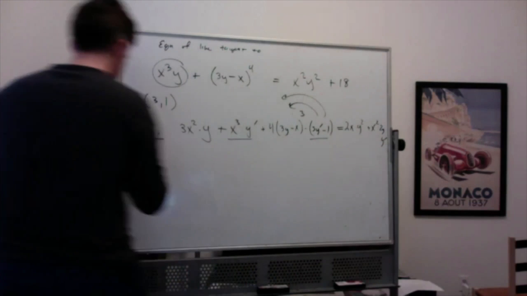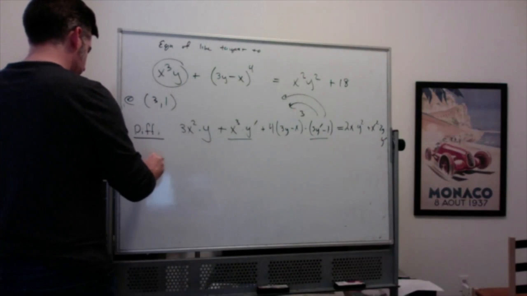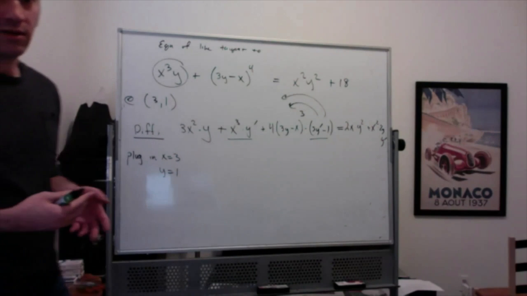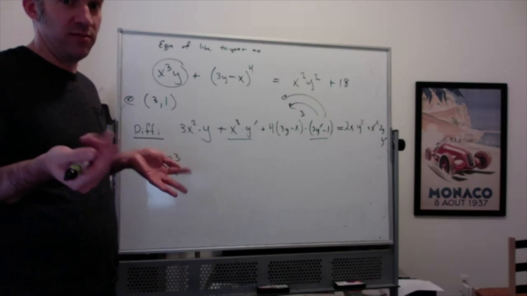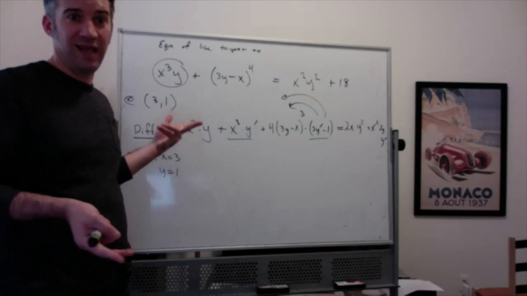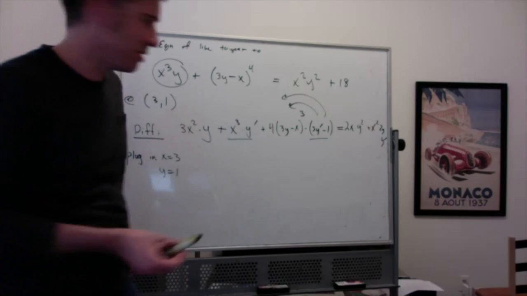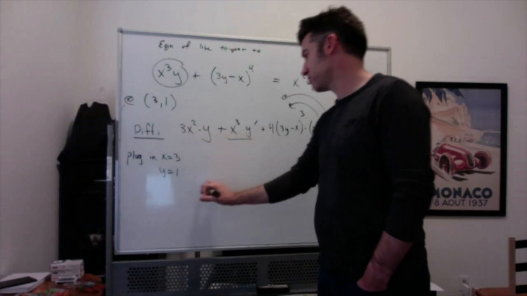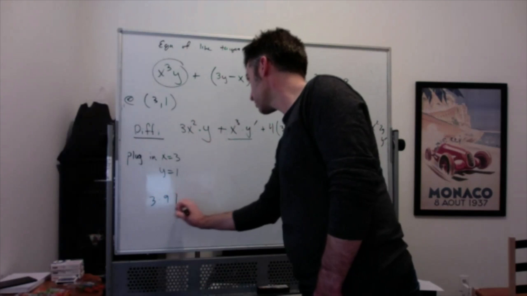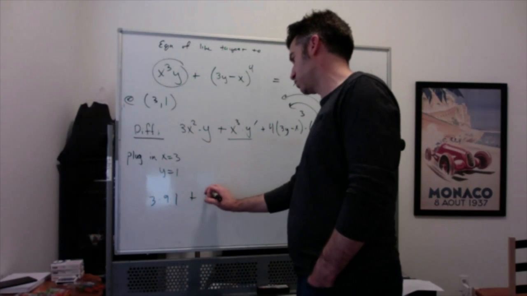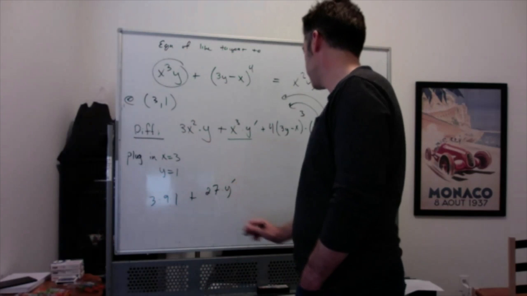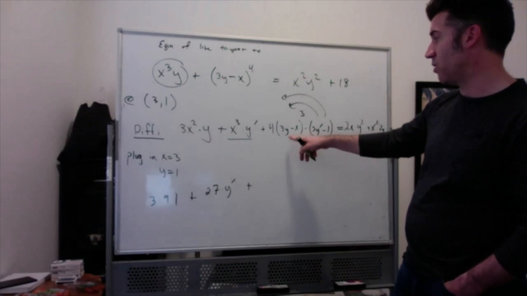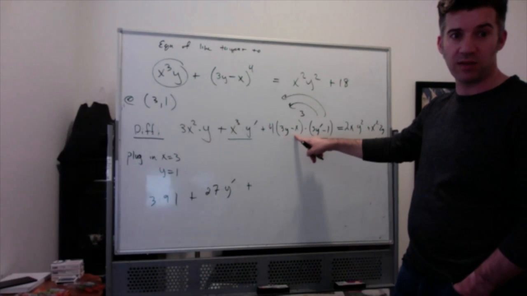So what I can do is I can actually now plug in x equal to 3 and y equal to 1. Right? Because I'm trying to find the derivative when x is 3 and y is 1. It doesn't matter if I plug in x equal to 3 and y equal to 1 now or after I've done the algebra. So if x is 3, I'm going to get 3 times 9 times 1 plus x is 3, that's going to be 27 times y prime plus, check this out, if x is 3 and y is 1, 3 minus 3 is 0.